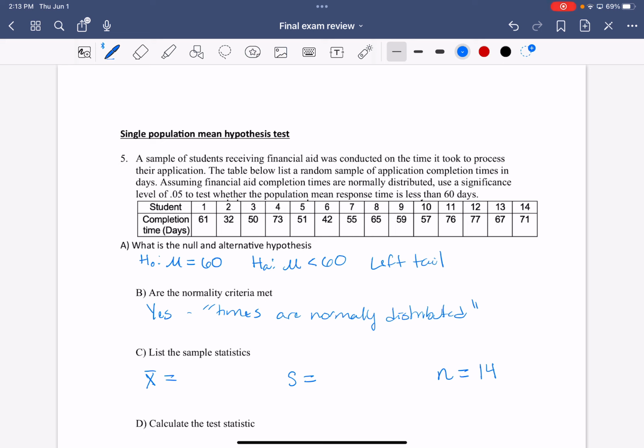I'll give everyone a moment to type those in. Are we rounding to 2? Let's round to 3. Give everyone another few moments.